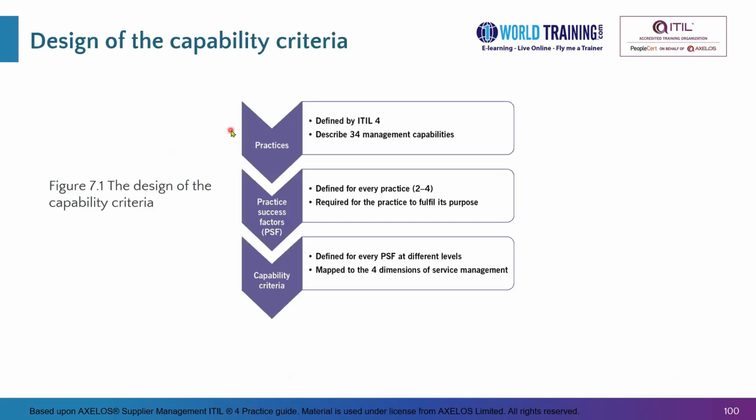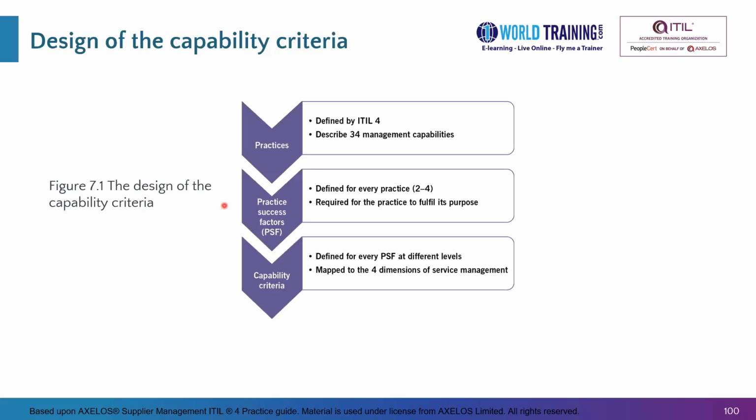So there are 34 ITIL practices, as we know, in ITIL 4. Each of these practices has some practice success factors or PSFs. Usually every practice will have somewhere between 2 to 4 PSFs, which together fulfill the purpose. Individually, they do contribute to fulfillment of the purpose, but when all the PSFs are active, enabled and in place, then the practice will fulfill its purpose.